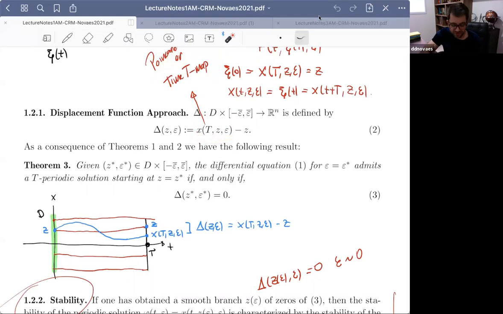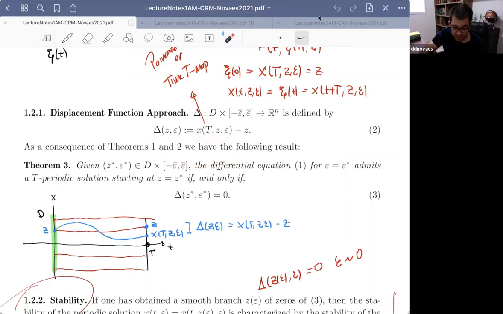In order to define this map, we need at least the uniqueness of solutions passing through a specific initial condition. And since we are only assuming the continuity of our differential equation, we do not have guaranteed such a property. So we cannot define the displacement function in order to expand it in power series of epsilon.